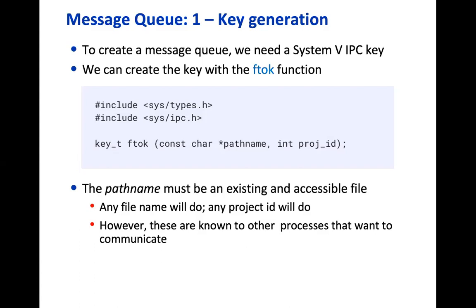Basically, if these two parameters are the same, because the client process also needs to know this, then there must be a key generation function which will generate the same key. It has to be the same, otherwise the client process will generate a different key, and then communication is not possible.